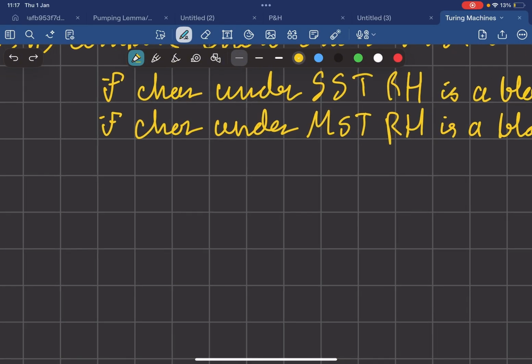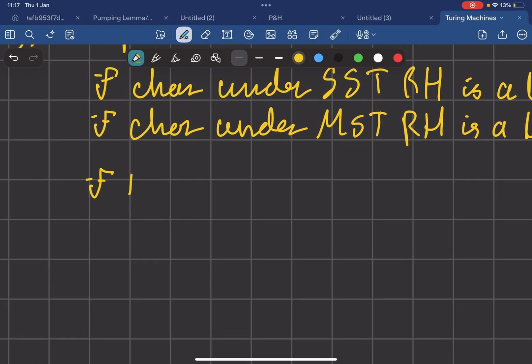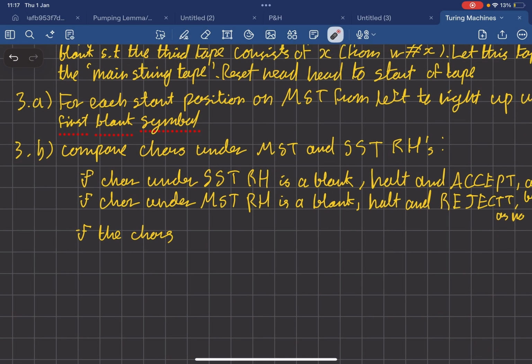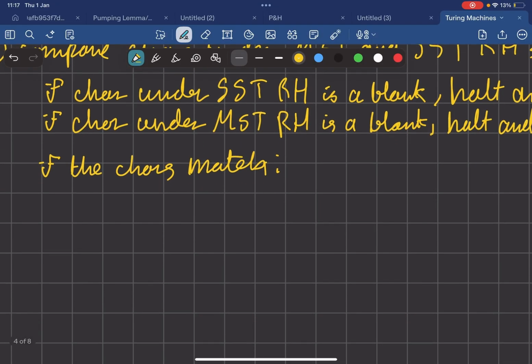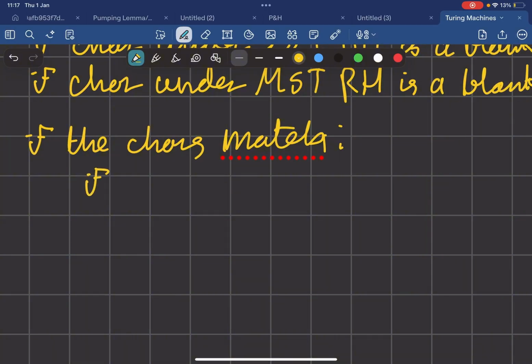So if the two characters under the tape read heads match, the characters here are the ones that we're comparing. Okay, so if they match, and if this is the first character we're matching on the substring tape, remember that we want to remember the starting position we're using on the main one.